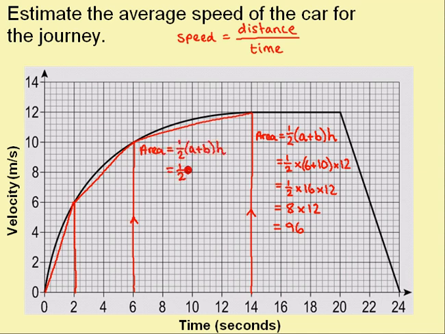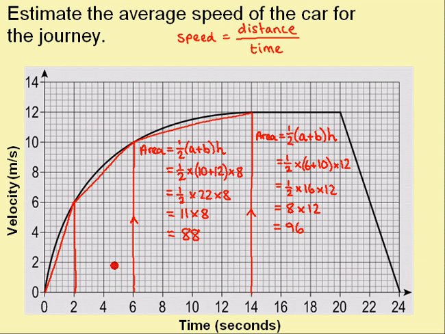I still have a half times, but this time A is this distance here, that's 10, and B is this distance here, that's 12, and H is actually this distance here, that's 8. So I've got a half times 22 times 8, that's 11 times 8, which is 88.